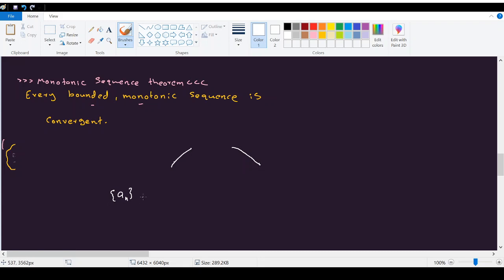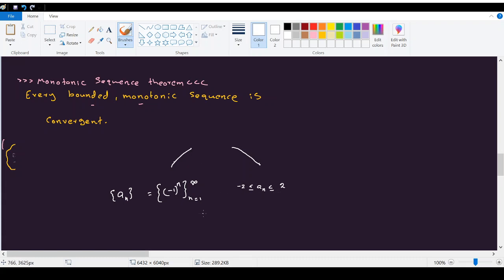Now, for example, let's take this sequence, which we proved before does not converge. But this sequence is bounded, because if we consider plus 2 and minus 2, all the sequence points are between plus 2 and minus 2.